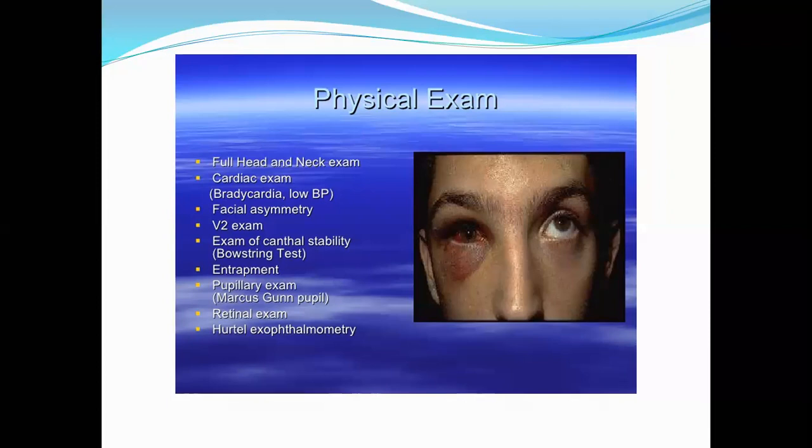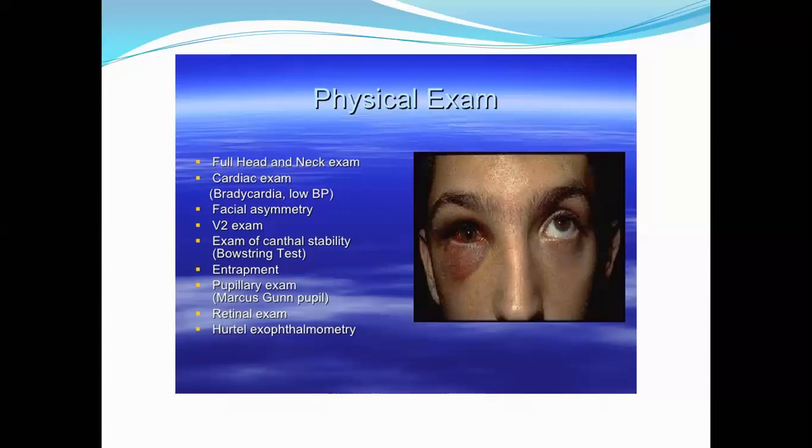The pupillary examination is important in the sense that you have to see the distance between the pupils and the pupil size. Pupil dilation may indicate a severe condition like superior orbital fissure syndrome or a hematoma of the orbit.